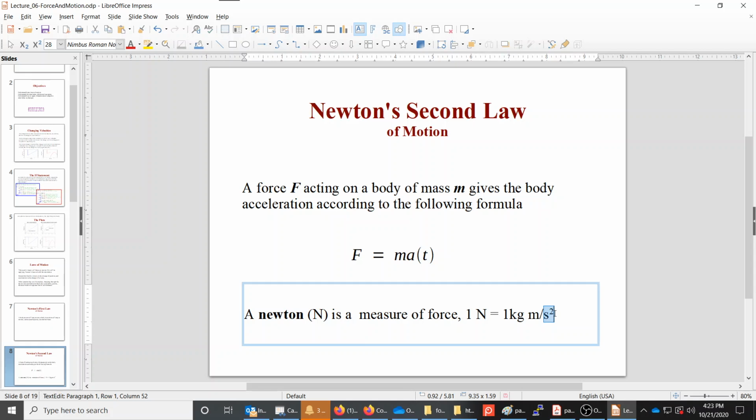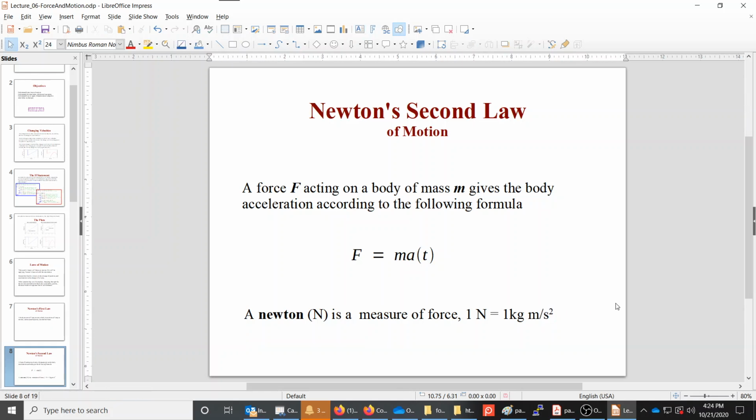Again, this second squared piece is kind of a hint that this has acceleration in it, right? Because remember, the acceleration is meter per second squared, and then we're multiplying it times the mass, which is kilograms. So the force is mass times the acceleration, which is meters per second squared.